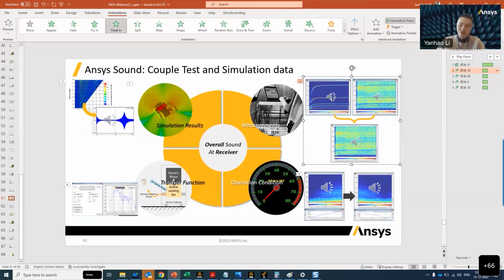Okay, so this is the simulation, how it sounds. And you can also easily extract the background noise from your measurements, just as I showed before. Okay, this is a background noise.